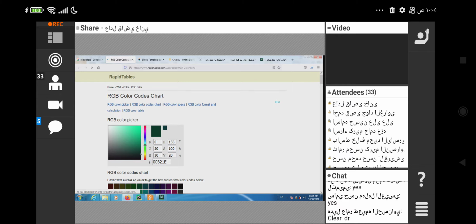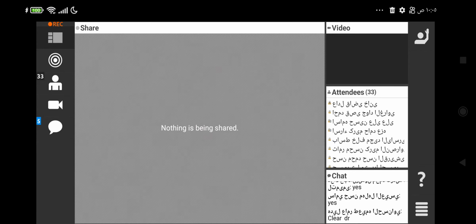For example, if we put R is 255, and G is 0, and B is 0, this is a red color. So this is the RGB.